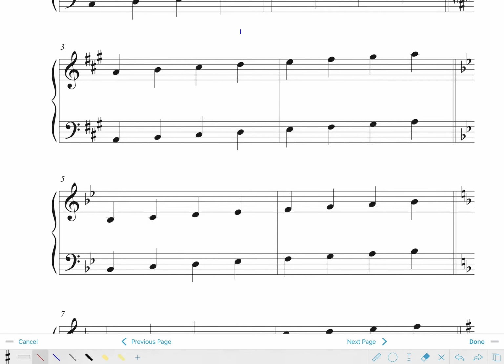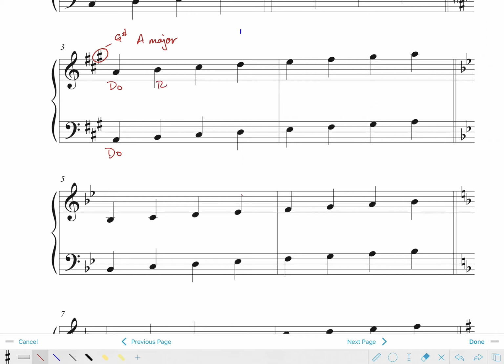Remember what we said before. The name of the major key will also have the syllable do. That means that all of the A's in this example will be do. Do, do. It follows the same pattern.